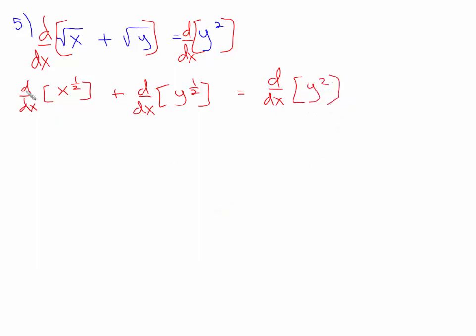We'll work with that. So over here, this is going to give us power rule, so we end up with 1/2 x to the negative 1/2 power. Okay? Plus, and over here, we're going to use the general power rule, so we end up with 1/2 y to the negative 1/2.